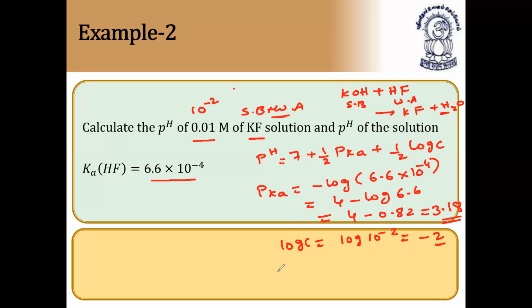So straight away you can write 7 plus half into the pKa value, which is 3.18, plus half into log C, which is minus 2. The 2 and 2 get cancelled, and it becomes minus 1.